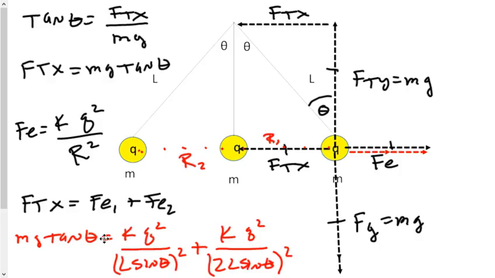This expression is completely known. Down here you will know those. The only unknown in this is q, and then you can find q, which is the goal of this question, finding the charge on all three charges.